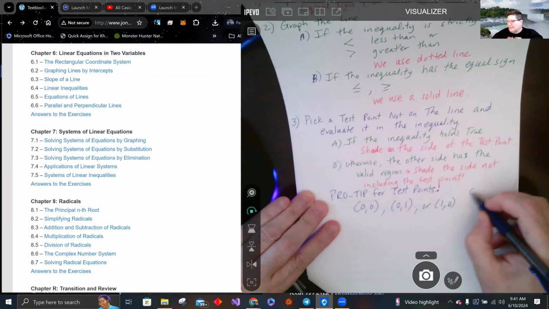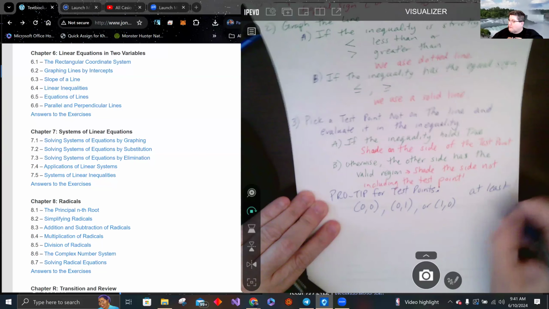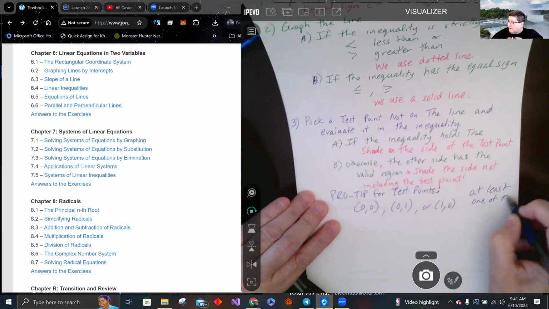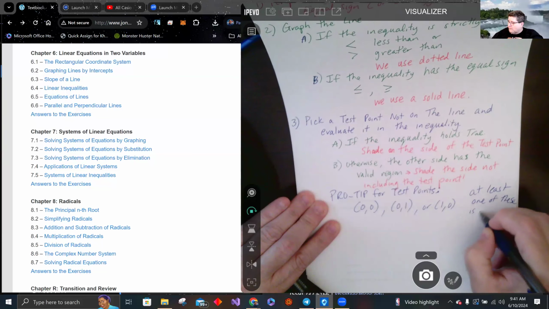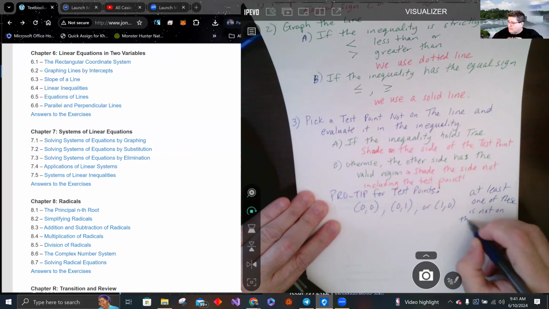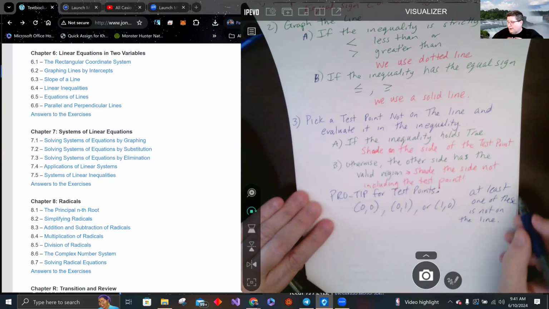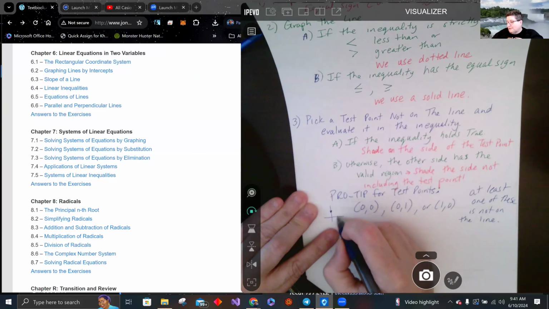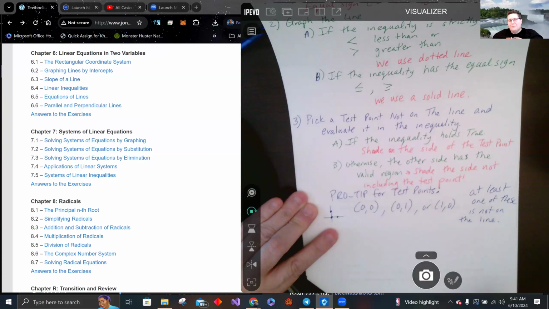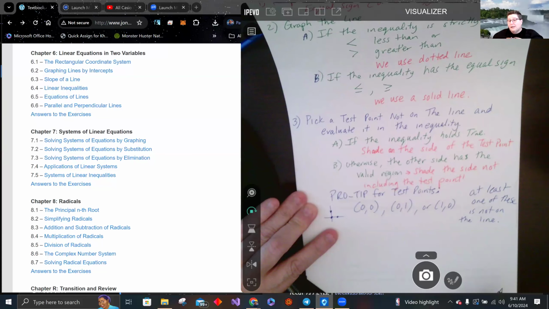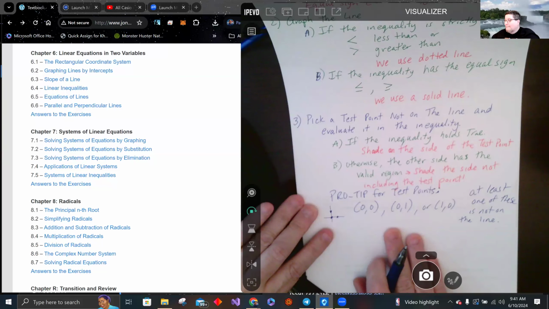At least one of these is not on the line. Well, how do I know that? Because they make a triangle. So at least one of them is not on the line. Pick one of them that's not on the line. 0, 0 is the easiest one to pick.